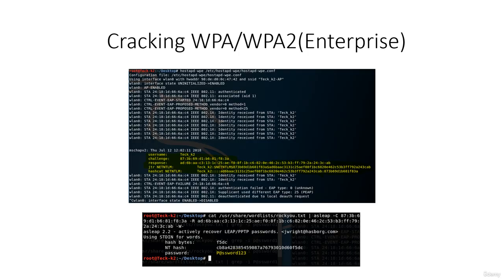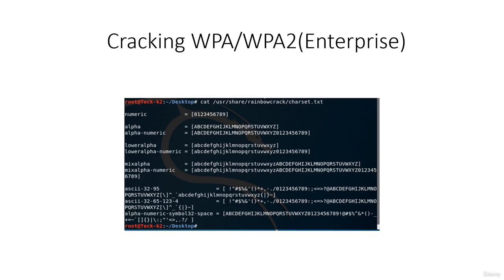Take an example where the password is password@123, which is not available in this txt file or any of the lists we have, so we create our own.